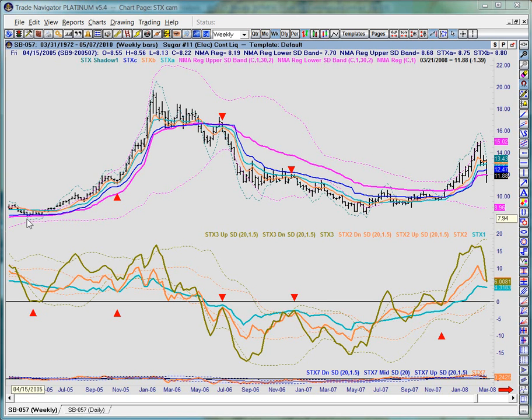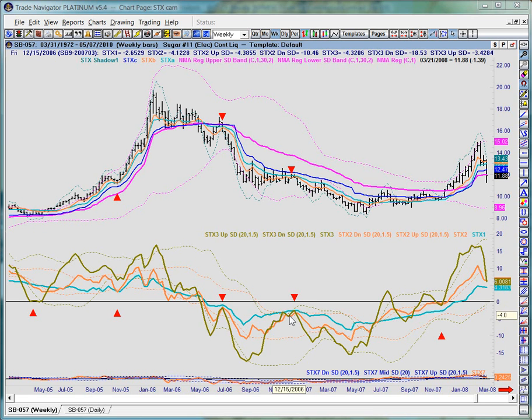Of course, these rules would be reversed for environments of primary degree bearish trends, where the slow line remains below zero, as is the case right here, and the fast or medium lines achieve overbought status by virtue of violating their respective upper standard deviation bands while at or near the zero line from below, as the counter-trend move exhausts itself.